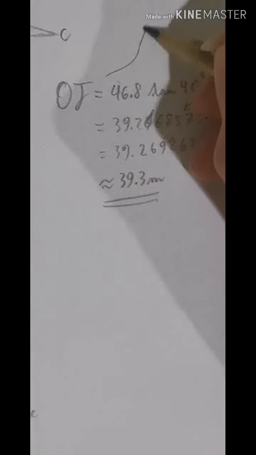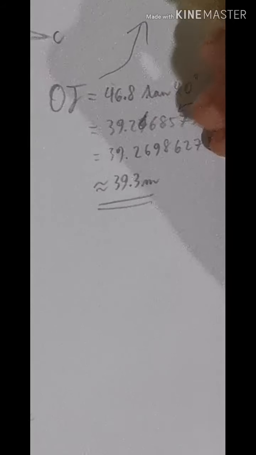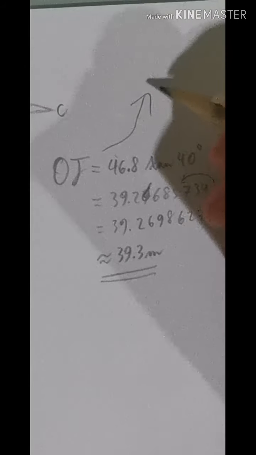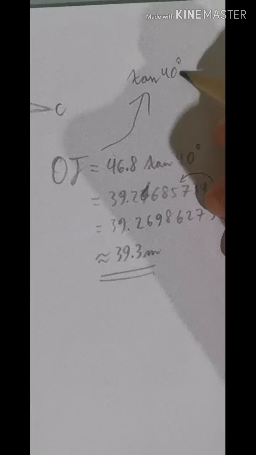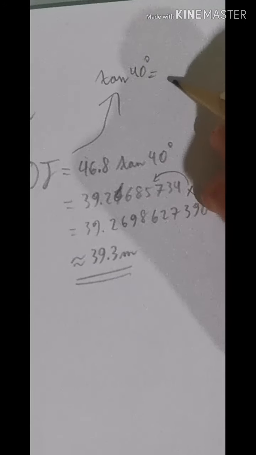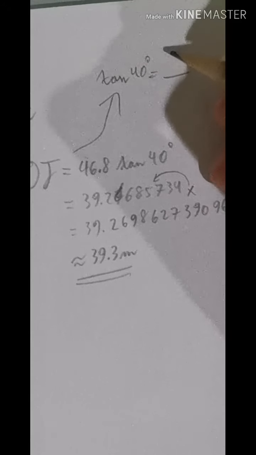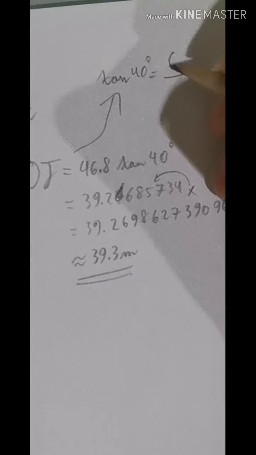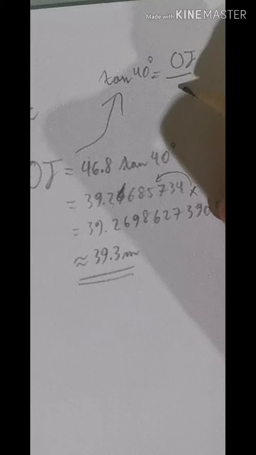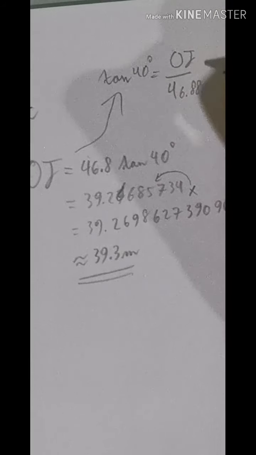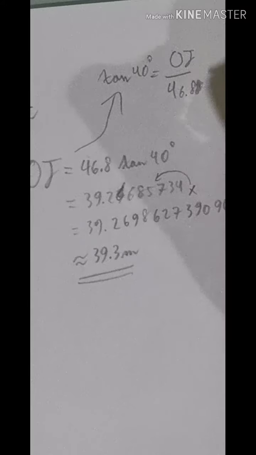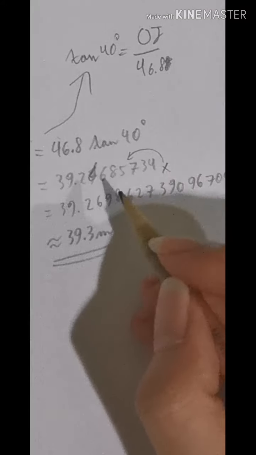Well, the original from this was basically the tangent of 40 degrees is equal to OT over 46.8. Oh, sorry, I put a double 8 there. And then you can kind of guess what happens.